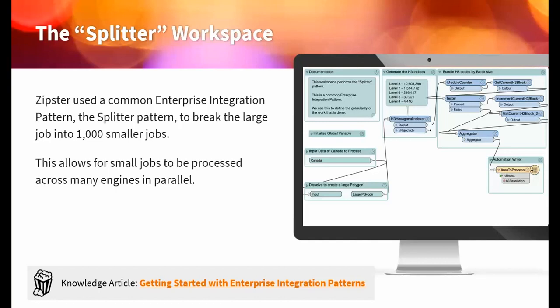So if we have a big job that takes a lot of time, we can split that into smaller jobs using this splitter workspace, and each job will be processed individually by each engine. So the more engines you have, the faster the complete job will be.